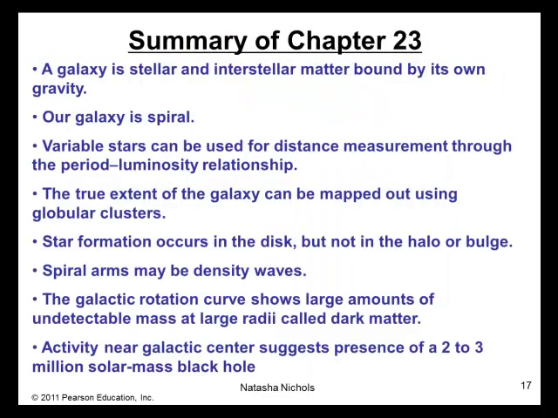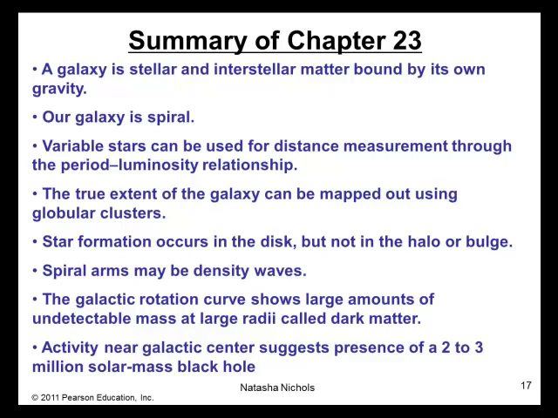And here's a brief summary of Chapter 23. A galaxy is stellar and interstellar matter bound by its own gravity. Our own galaxy is a spiral. Variable stars can be used for distance measurement through the period luminosity relationship. The true extent of the galaxy can be mapped out using globular clusters.